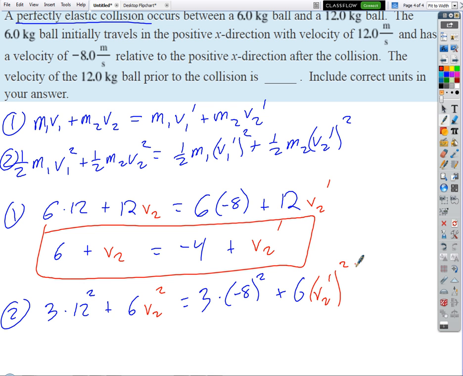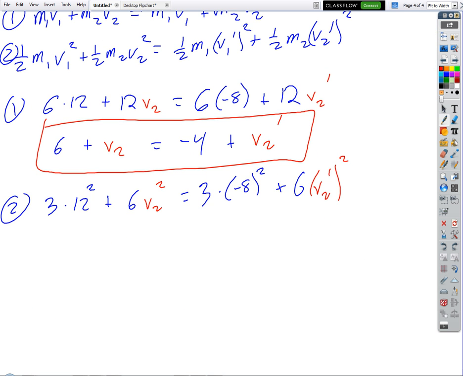And so we could make that simpler too. We could divide everything by 6.